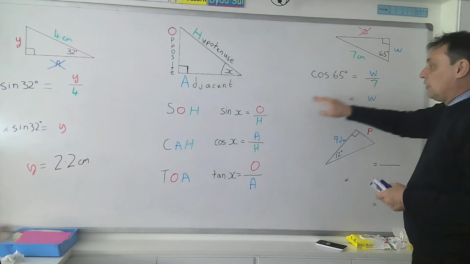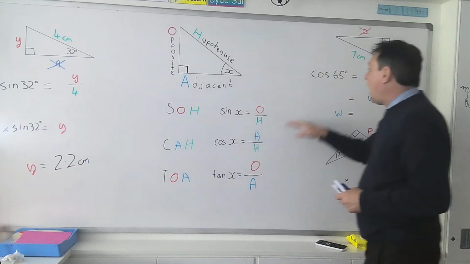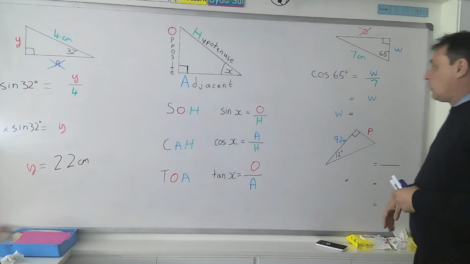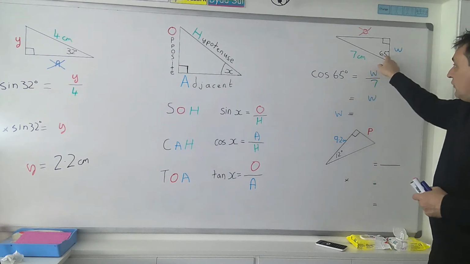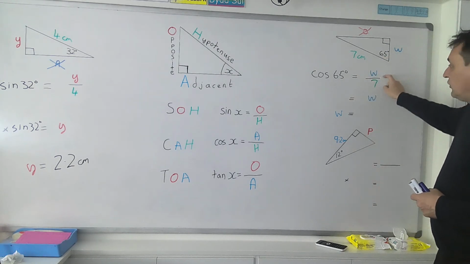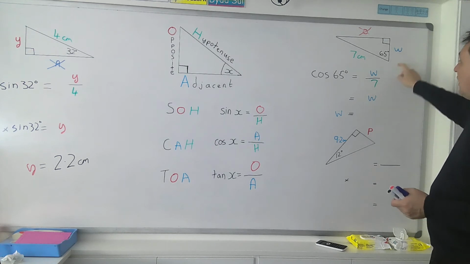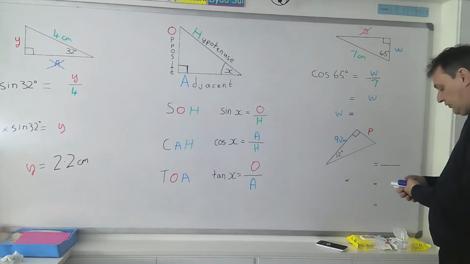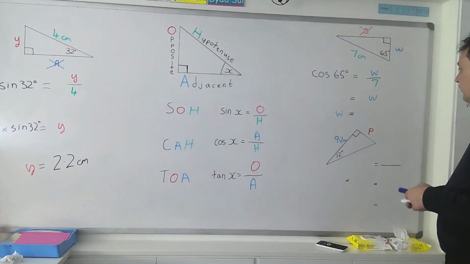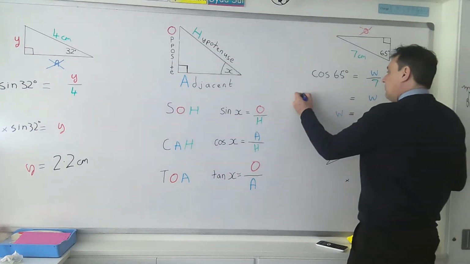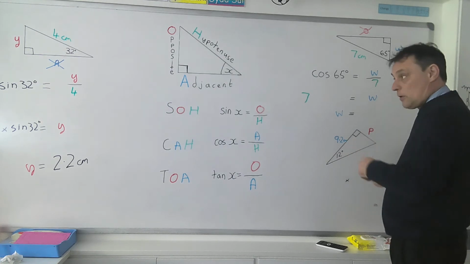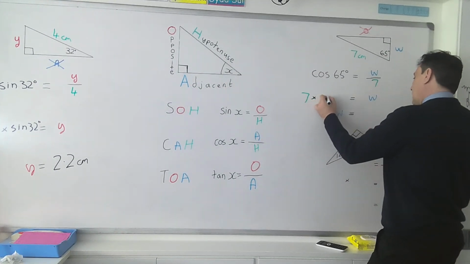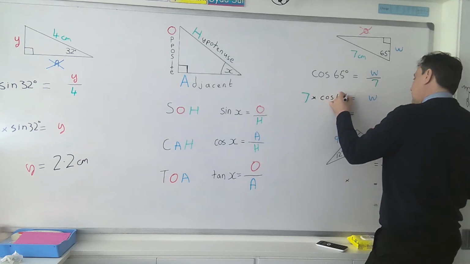Adjacent and hypotenuse is cos, and here I've substituted that information into the equation. So cos 65 degrees is equal to the adjacent, which is our W, what we want to find, divided by 7, which is the hypotenuse. Now we're going to rearrange in exactly the same way as the triangle over there: W equals 7 multiplied by cos 65 degrees.